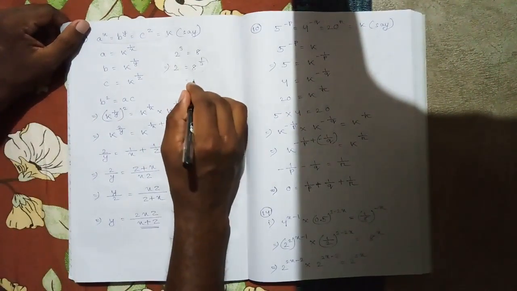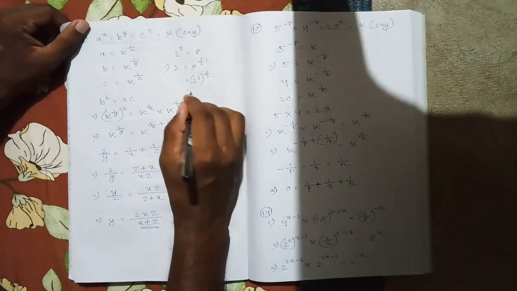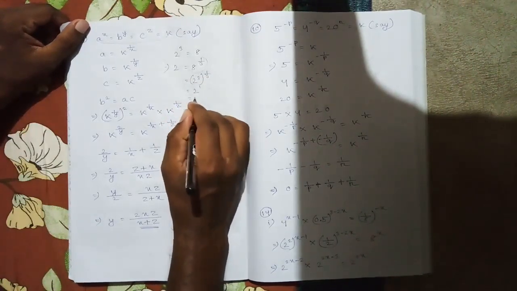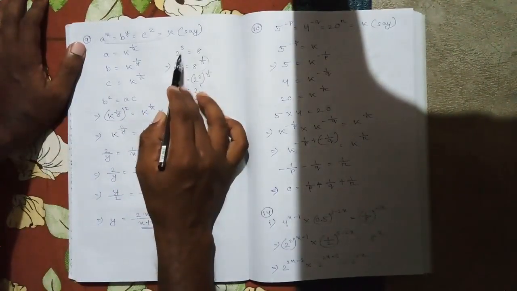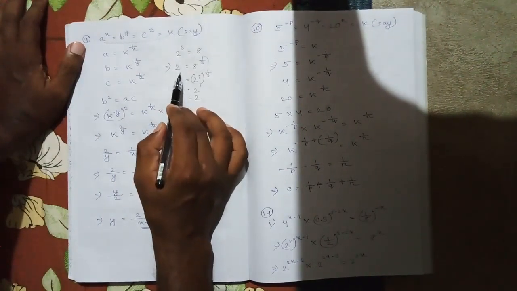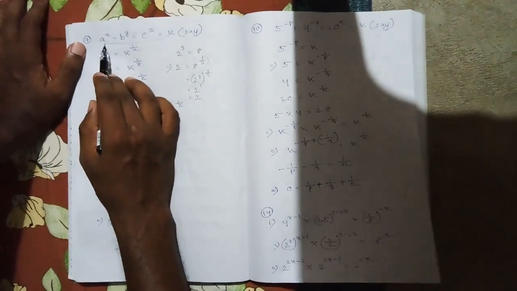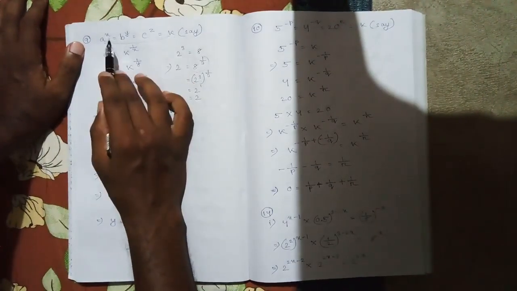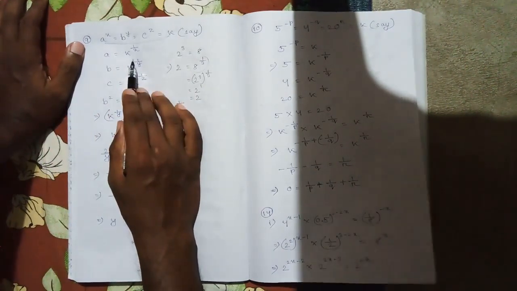See, (2³)^(1/3) is 2^1, which is 2. So remember this: if 2³ = 8, then 2 = 8^(1/3). Similarly, if a^x = k, then a will be k^(1/x), as you can see.